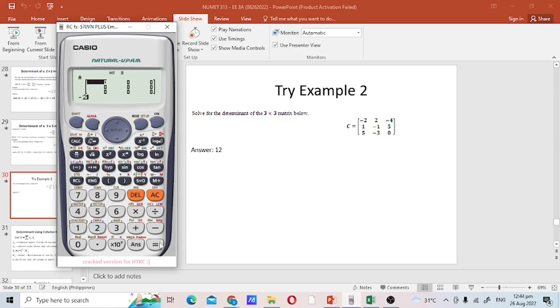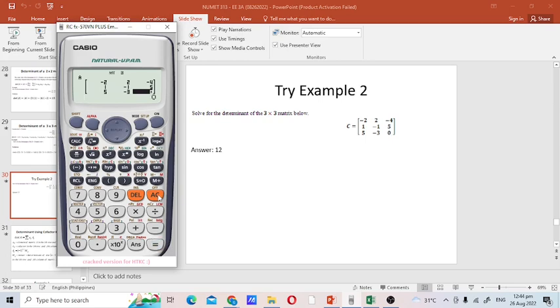Negative 2, then 2, negative 4, okay. So 1, negative 1, 5, 5, negative 3, and 0.